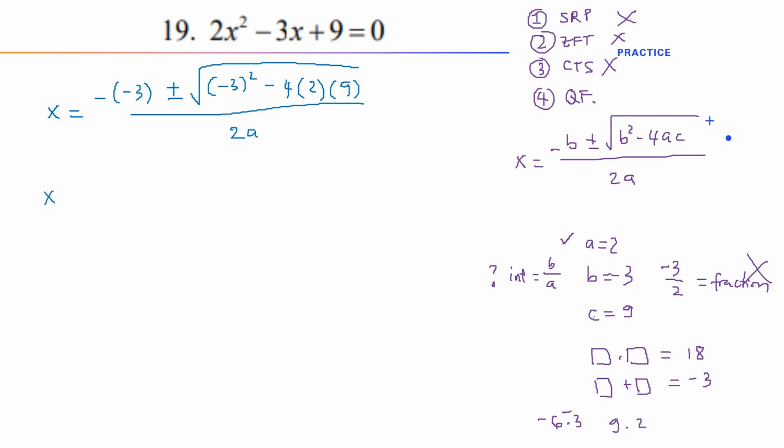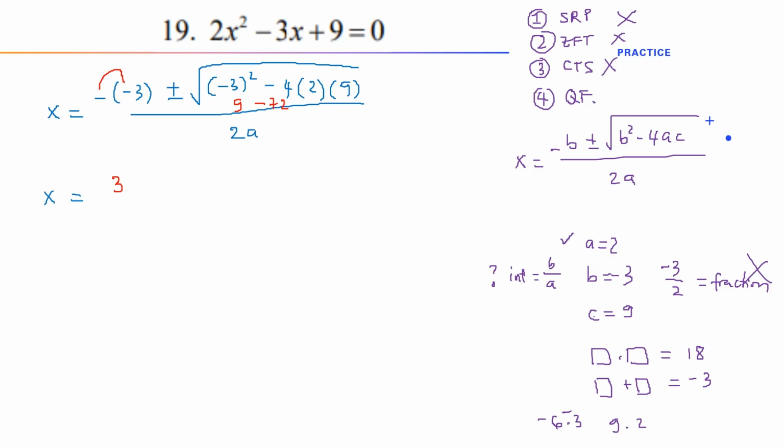Now negative times negative is positive, so 3, right? Negative 3 squared is 9. Negative 4 times 2 times 9 is 8 times 9 is 72, minus 72.